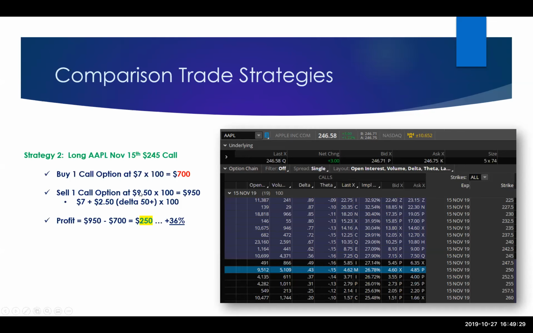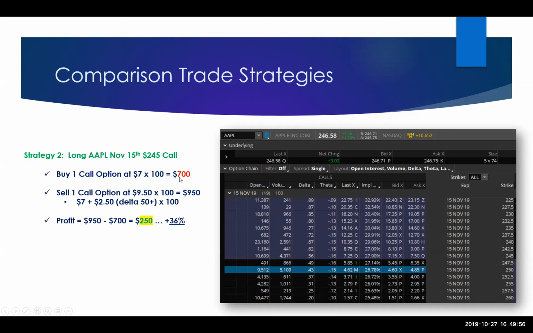So I sell my call at $9.50, right? Which is the $7 I paid plus the $2.50 that I just made at a delta 50 or higher times 100. So I sold it for $950 basically. I paid $700. I sold it for $950. That gives me a profit of $250 or 36%. Okay, you see that?